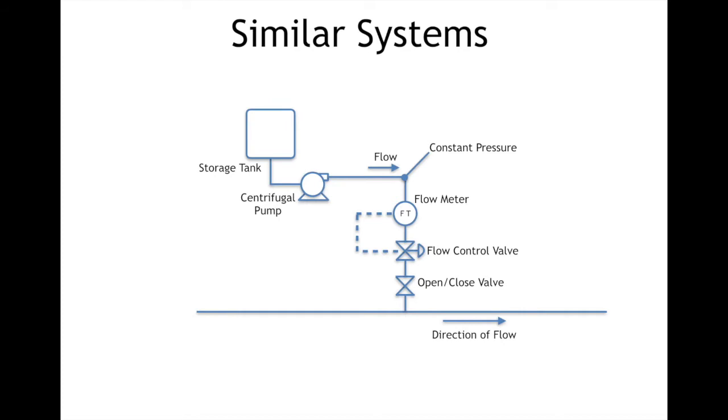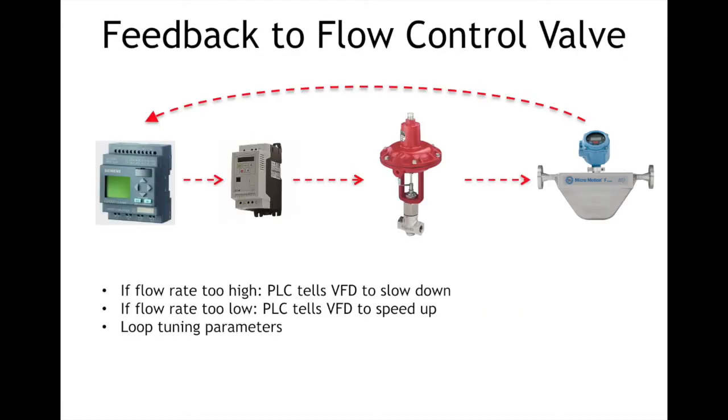So this exact same setup could be accomplished using a centrifugal pump instead of a PD pump. The centrifugal pump has no problem being deadheaded while it's running. It will just, in general, supply a constant pressure to our flow control valve.